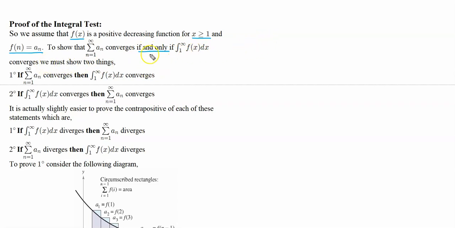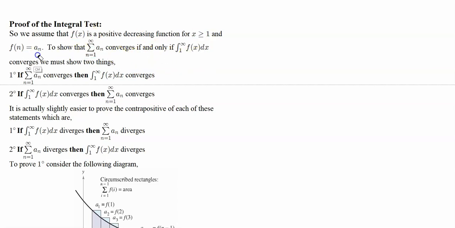Keep in mind that when we make this statement, if and only if, we're really making 2 statements. We're really saying if this is true, then this converges, and if this is true, then the series converges. So it really consists of 2 different if-then statements. That's what an if and only if means.